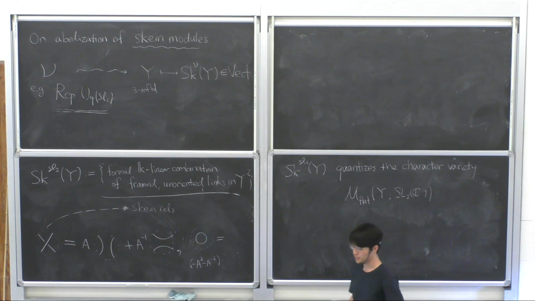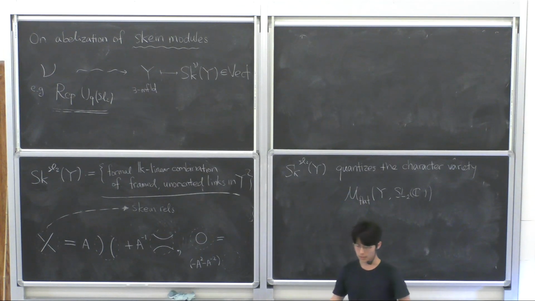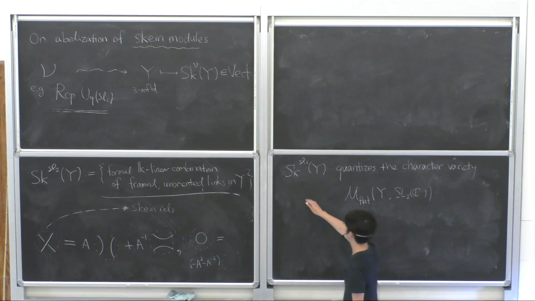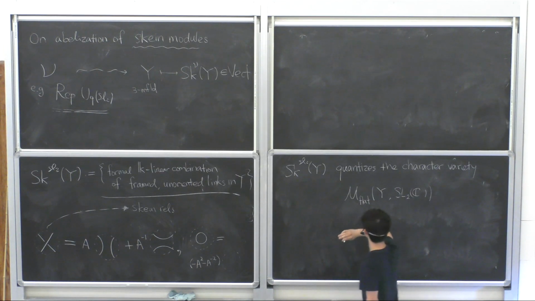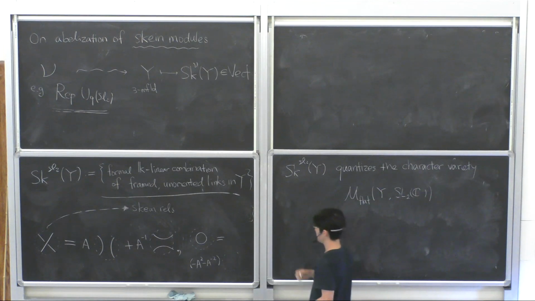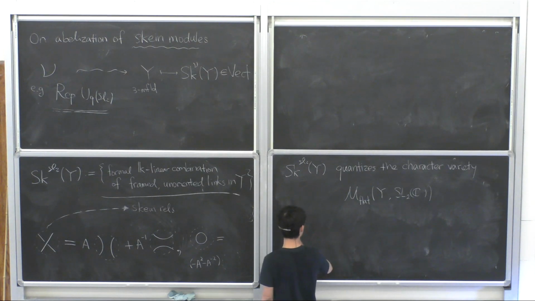And using that, they gave a procedure of abelianizing SL2C flat connections in an ideally triangulated three-manifold. And given the fact that Skein modules quantize character variety, a natural question is whether there's a quantum version of abelianization.